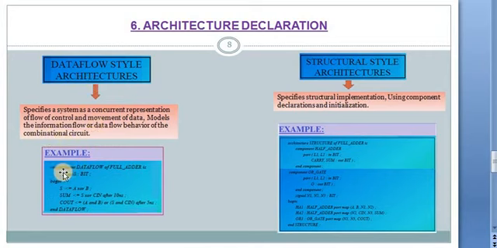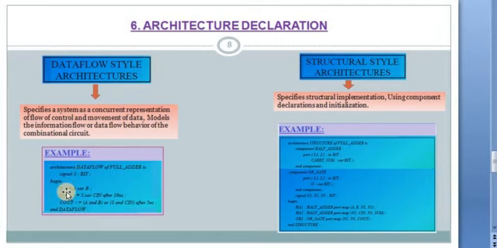As you see in the example, the data flow architecture of the entity full adder is specified. Here the S signal is specified for the type bit, and then normal logical statements are specified for the execution of the desired logic.